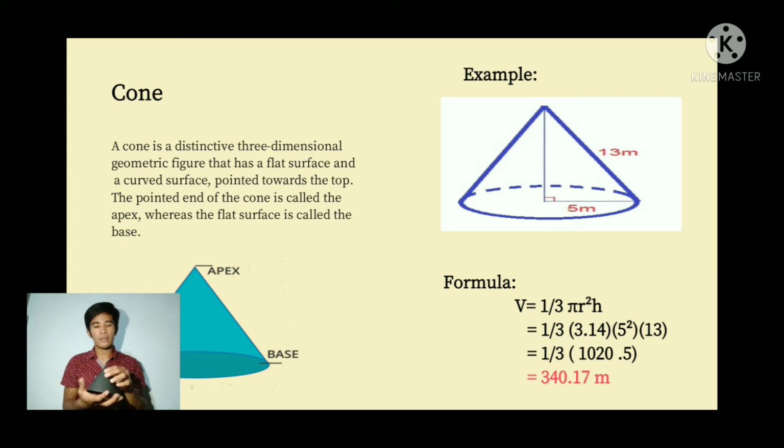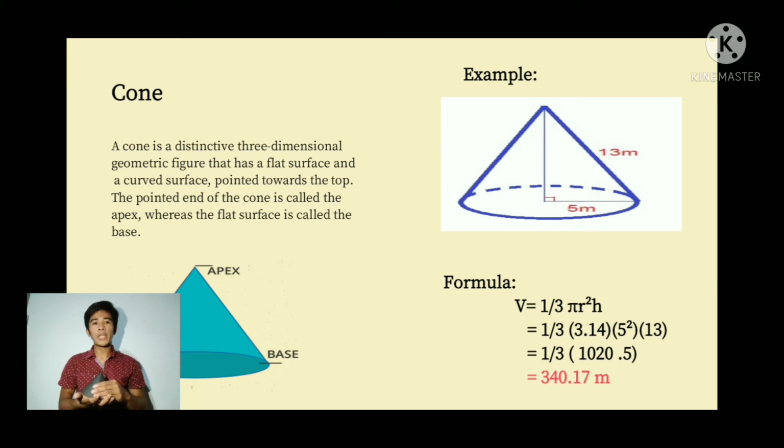So remember, the formula in getting the volume of a cone is volume equals 1/3 pi times r squared times height.